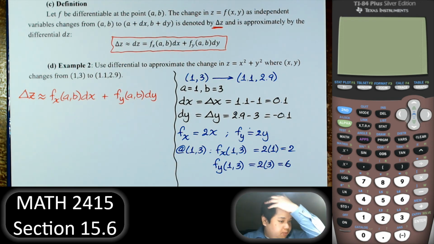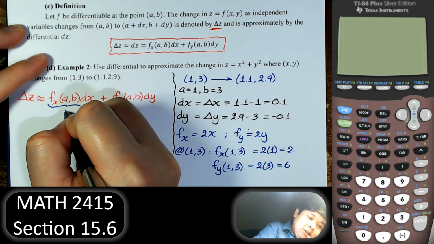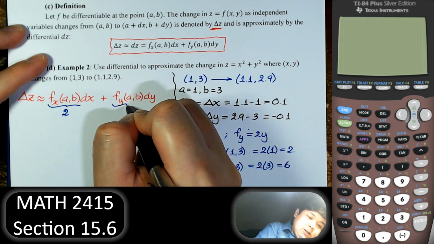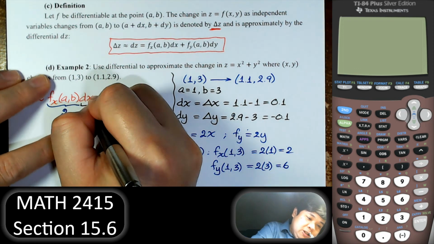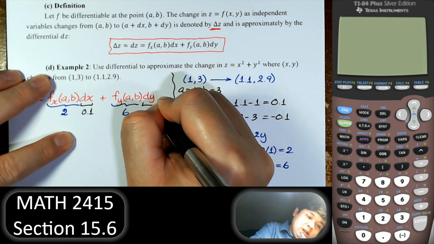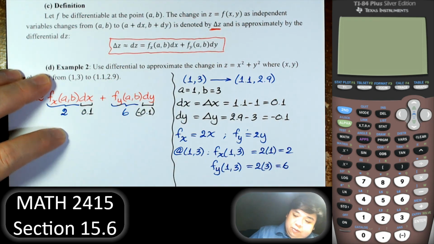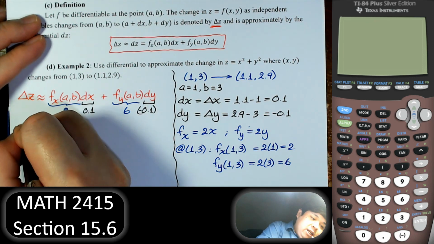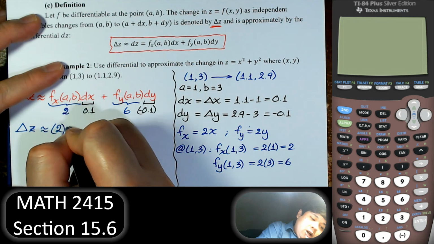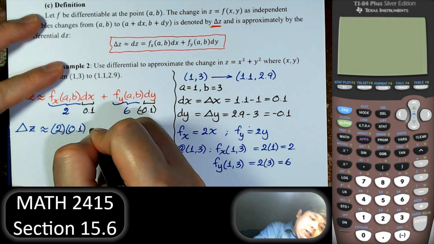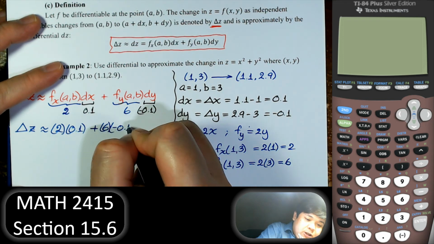So simple enough. I'm going to put 2 and 6 here. And of course we have dx and dy, 0.1 and negative 0.1. So delta z is approximately equal to 2 times 0.1 plus 6 times negative 0.1.